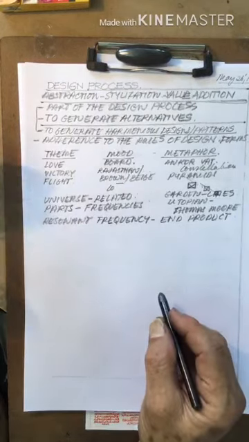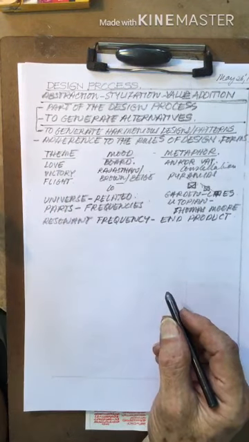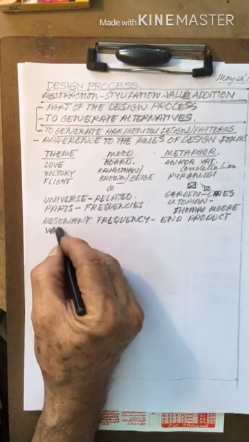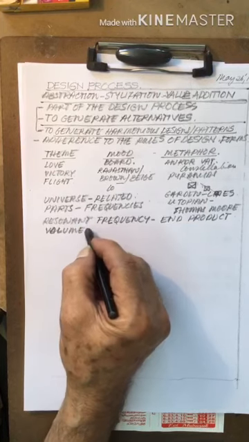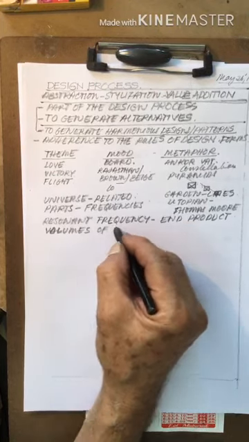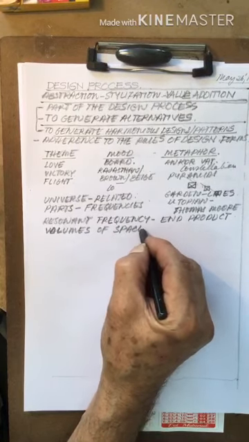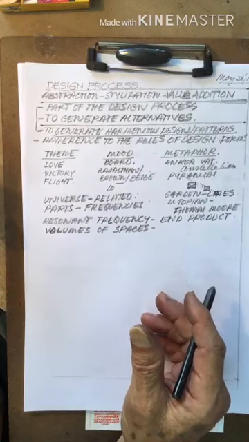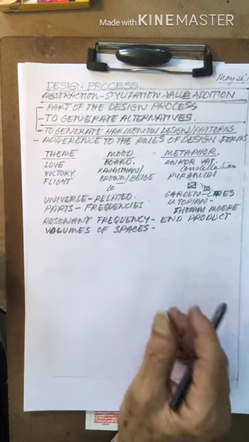So if you are designing a particular home, what are the volumes that you are going to do? Volumes of spaces, different spaces, what length, what breadth, what height, what is the height of the doors, what is the height of the windows.